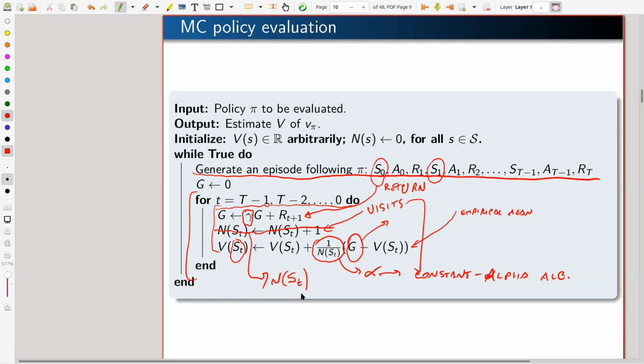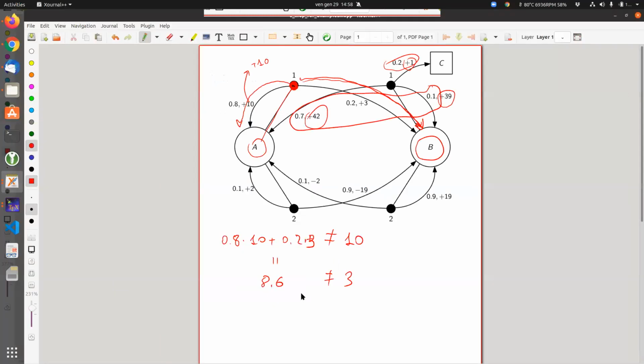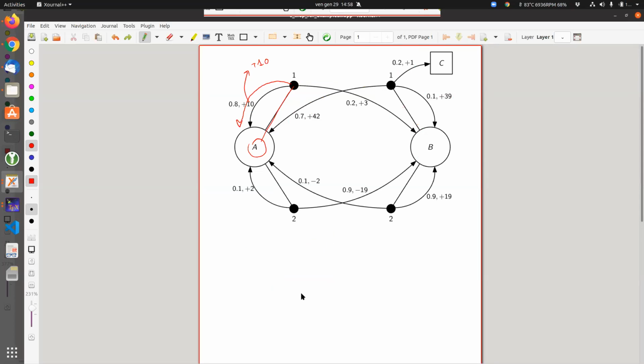Okay, so temporal difference prediction. Brace yourself, because we are entering the real world of reinforcement learning. This is the most famous and first reinforcement learning algorithm. Strange, because Monte Carlo methods are very natural, but this was invented by Rich Sutton, I guess, in '88. And it works this way.